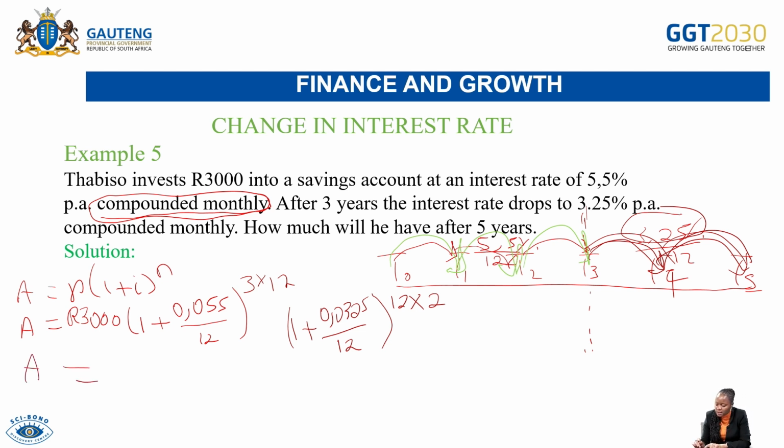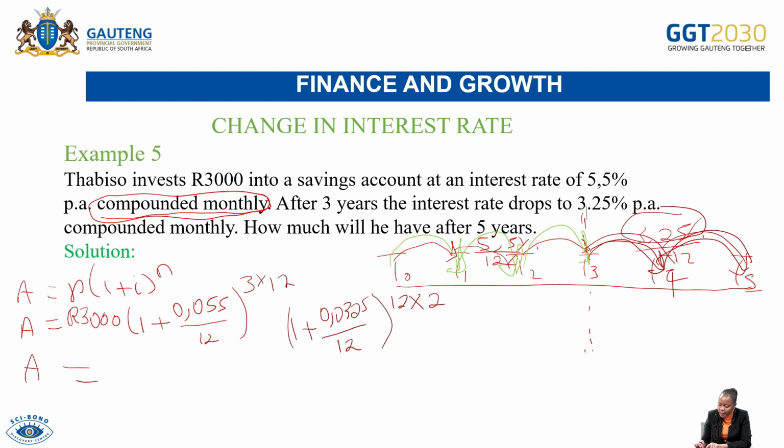So it's 3,000. You open a bracket, it's 1 plus 0.055 divided by 12. You close the bracket, then the exponent will be 3 times 12. Then you open another bracket, you substitute 1 plus 0.0325.